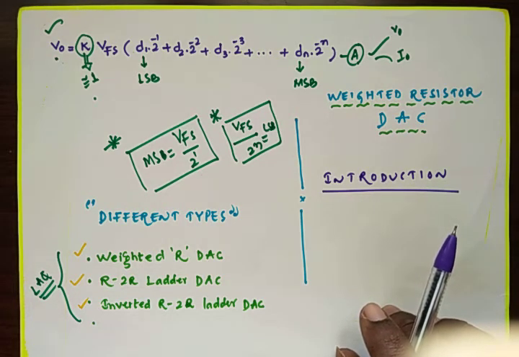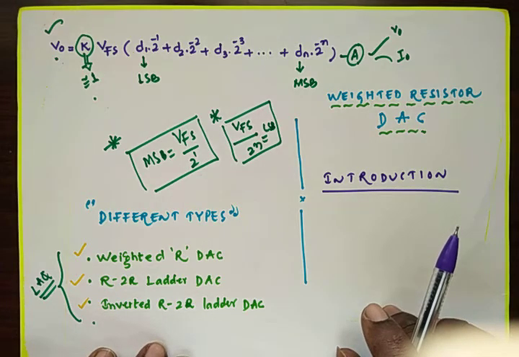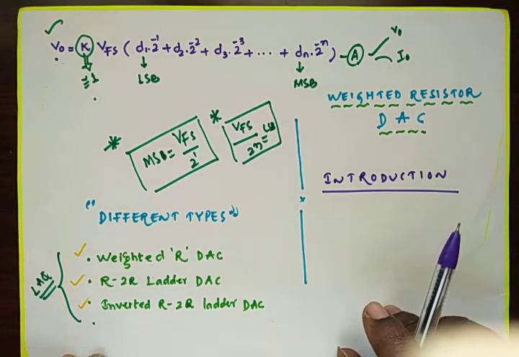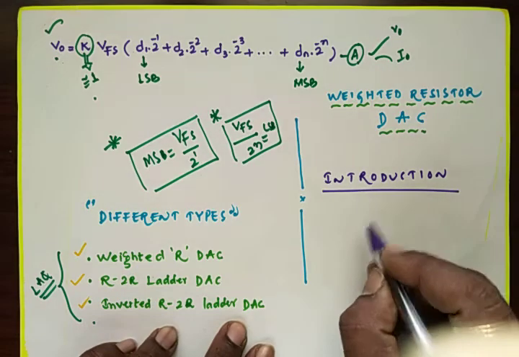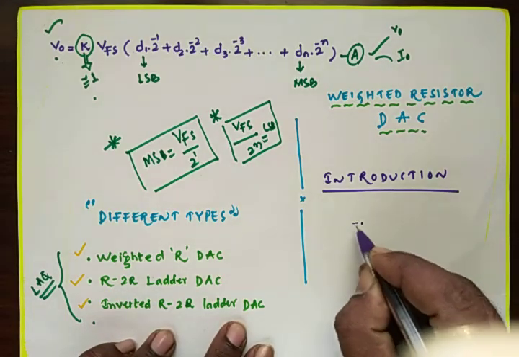The weighted resistor DAC is one of the simplest digital to analog converters, which uses a summing amplifier with a binary weighted resistor network. It has n electronic switches, D1, D2, up to Dn, controlled by the binary input word. If the binary input to a particular switch is 1, it connects, otherwise it is open, so it operates in two ways.